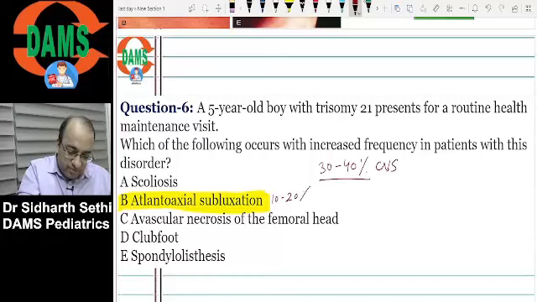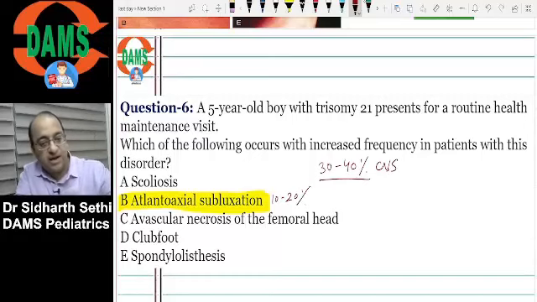So we don't try to always do a Moro reflex in these babies, because they may have cervical spinal problems.